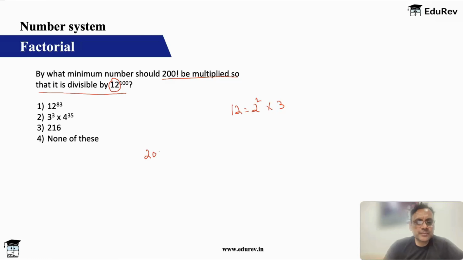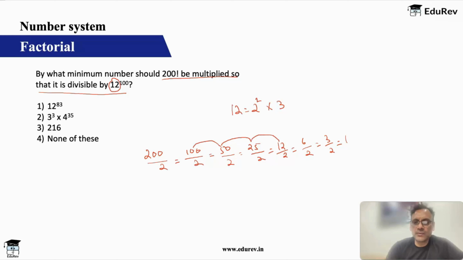So 200 divided by 2 is 100, by 2 is 50, by 2 is 25, by 2 is 12, by 2 is 6, by 2 is 3, by 2 is 1. So 100, 150, 175, 187, 187 plus 10, 197. So 2 to the power 197 is present.